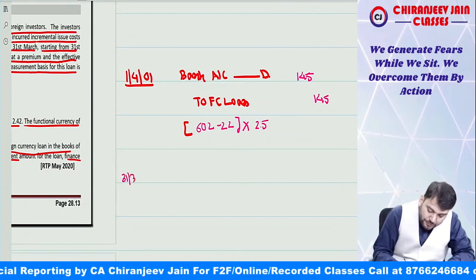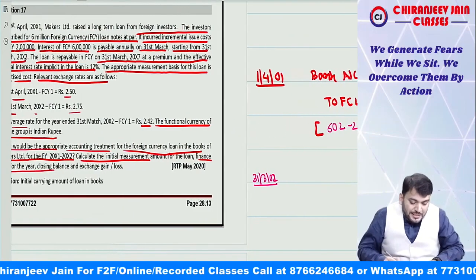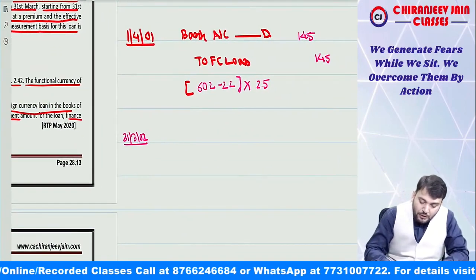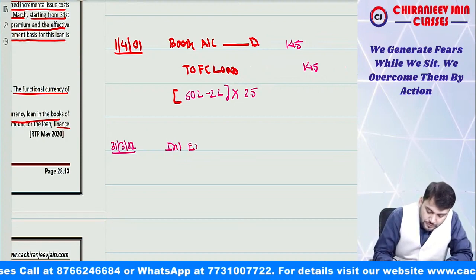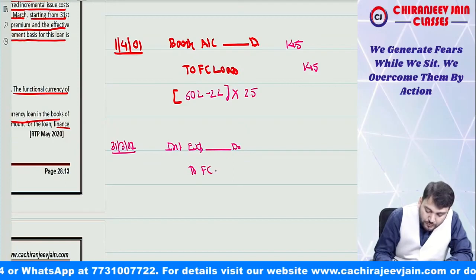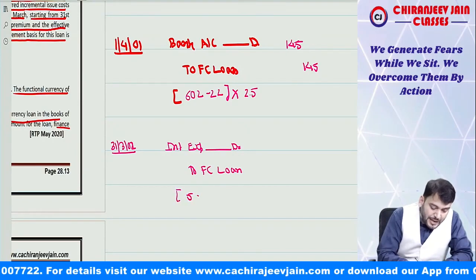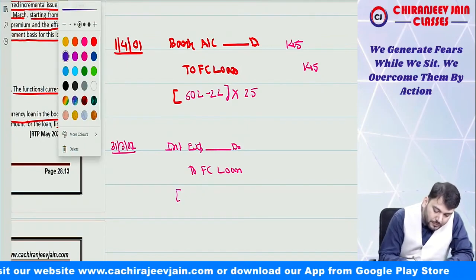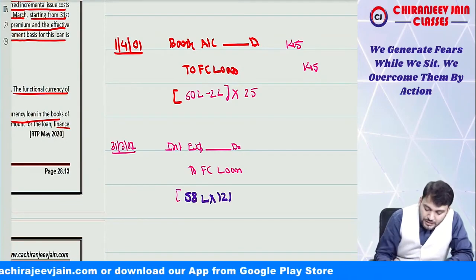On 31st March 2002, we recognize interest cost, and the effective rate is 12%. So what journal entry will we do? Interest expense to foreign currency loan. That will be based on 58 lakh into 12%.